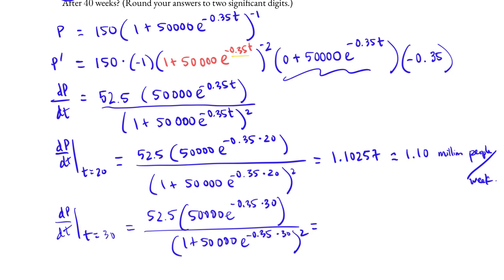Put this in a calculator, we will get 12.7951, which we will round to 12.80. The unit is million people per week. It is still the same rate, but this rate only is for 30 weeks after.